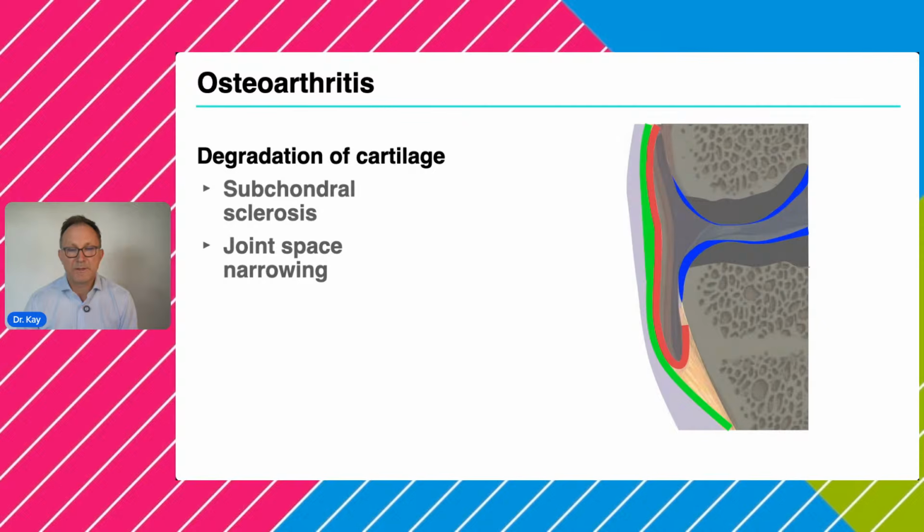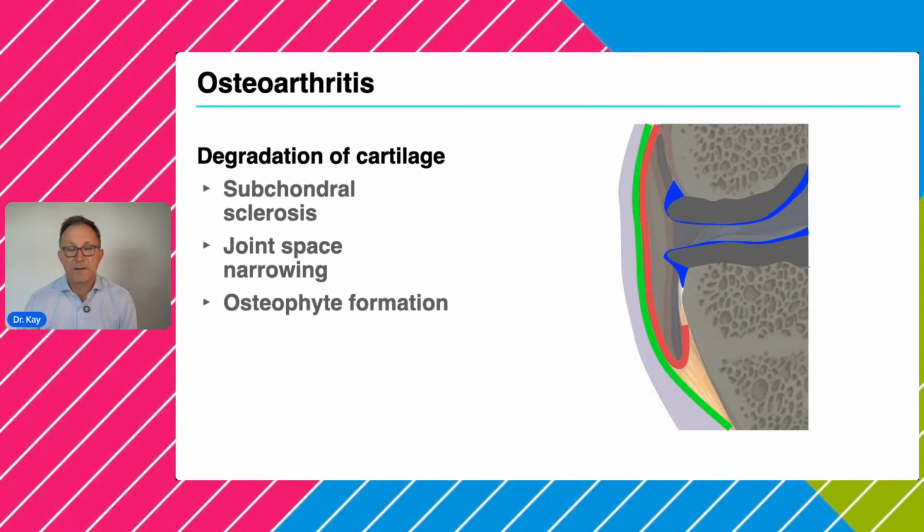We call it joint space narrowing. And of course, this leads to a very unstable joint with no dense fibers in the capsule of the joint. So we have osteophytes that we can see at the edges of the joint that will somehow stabilize the joint and ease the pain, but of course they reduce the range of movement.